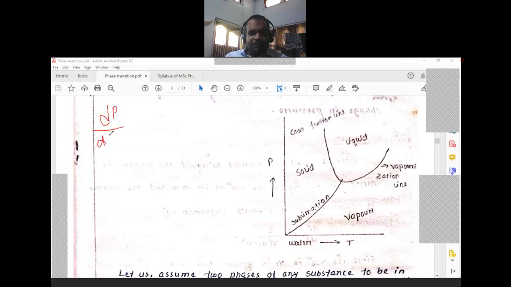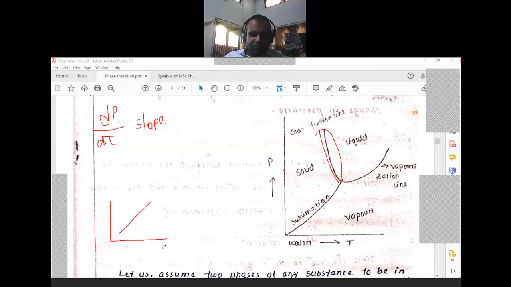What is the slope of this plot? The slope of this plot is dP over dT, the slope of this pressure versus temperature.